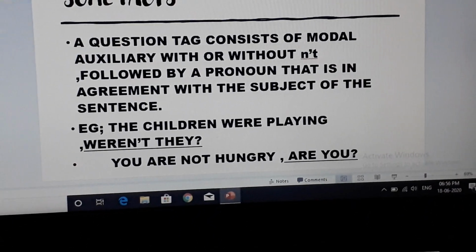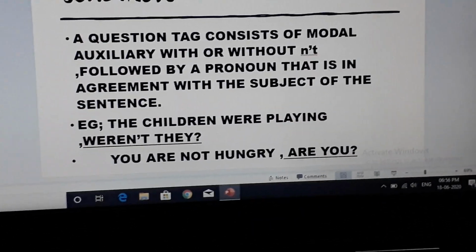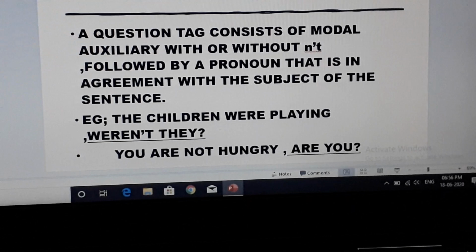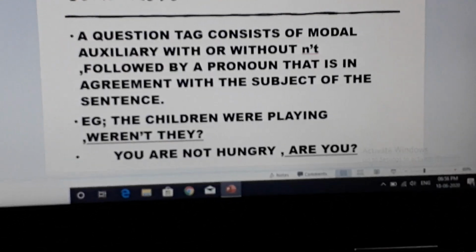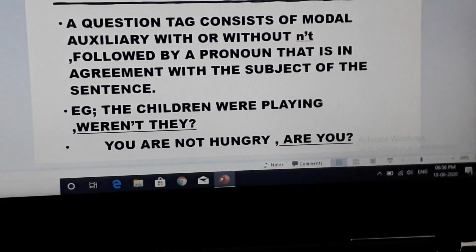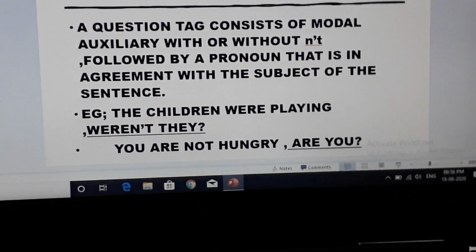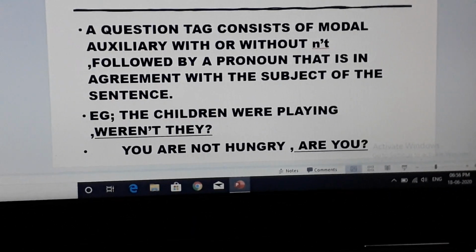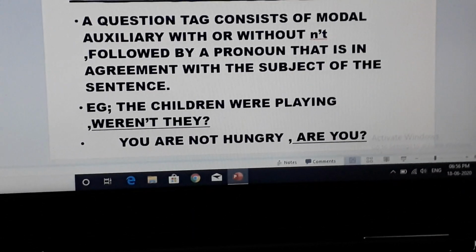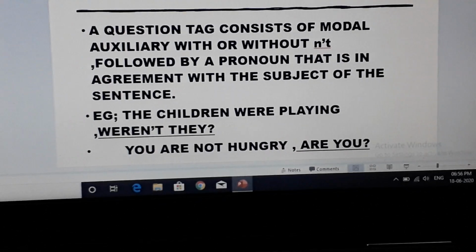Now, the helping verb and the pronoun should be in agreement with the sentence. That means the helping verb which is already present in the sentence, we have to use in the question tag. And pronoun means depending on the subject of the sentence, we have to add a suitable pronoun. For example, the children were playing.